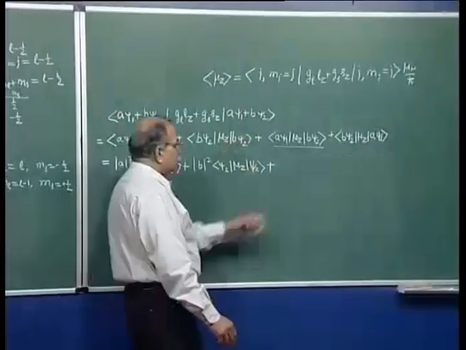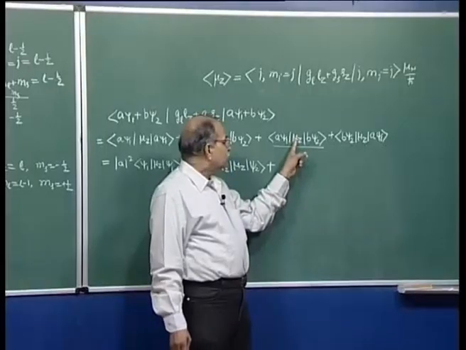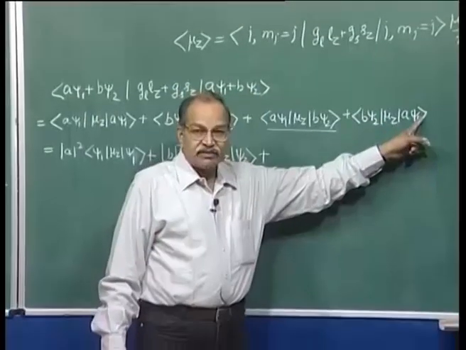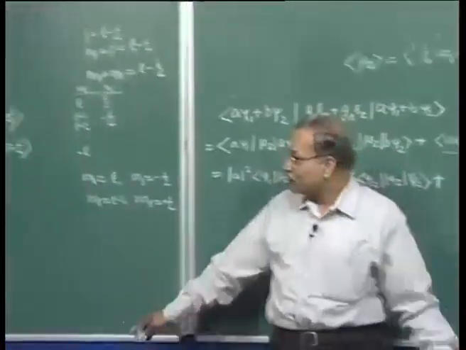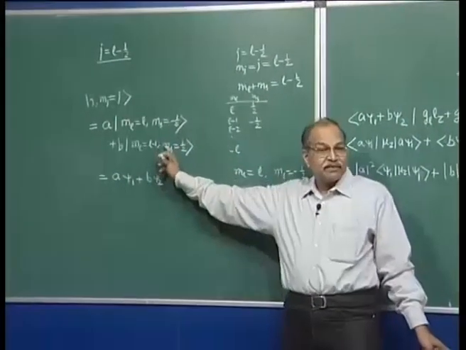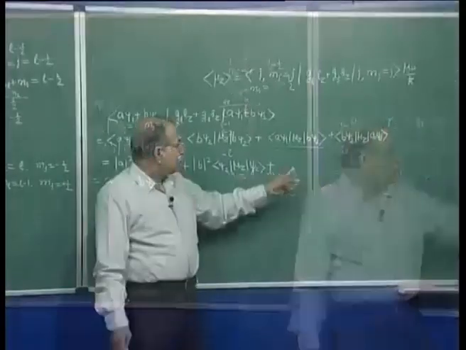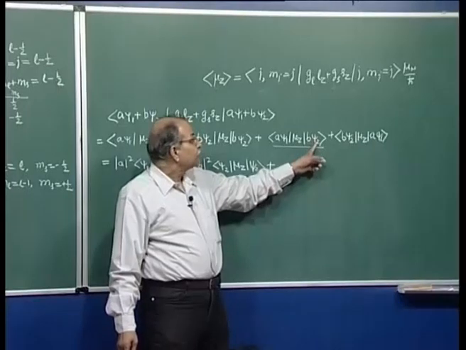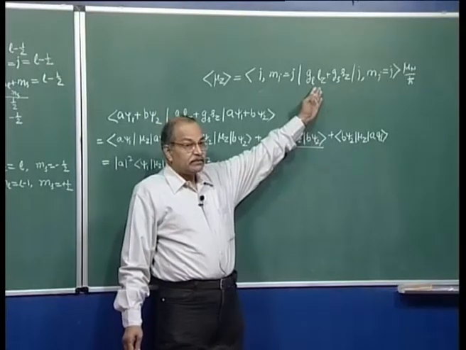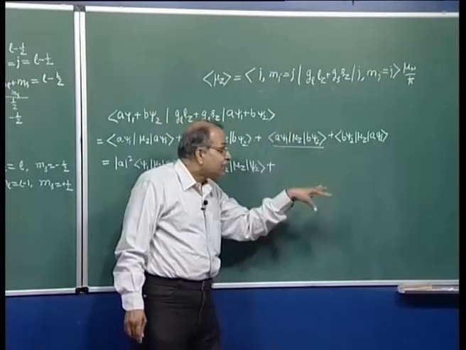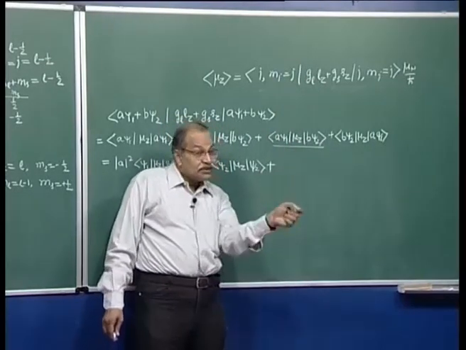So, if you operate mu z on psi 2 or mu z on psi 1, in psi 2 also ml and ms have definite values. So, when you operate mu z on psi 2, you are getting back the same function with the corresponding eigenvalue.